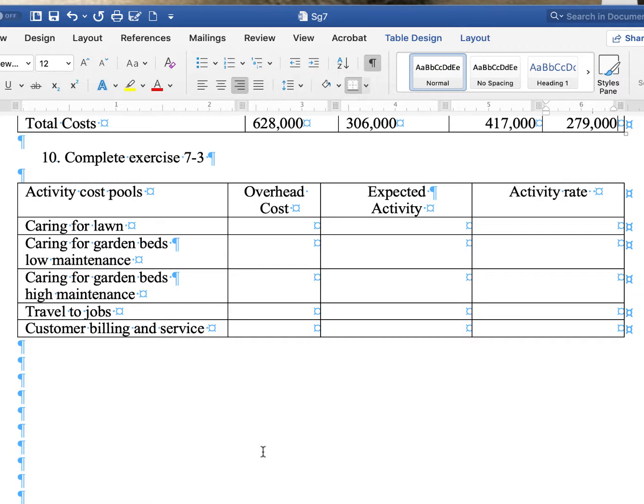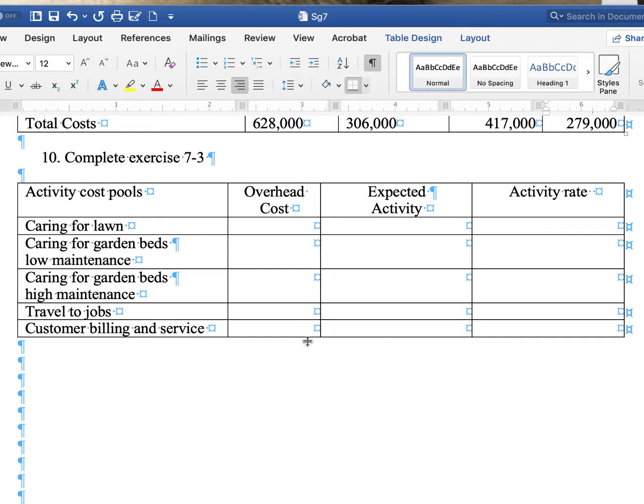The activity measure there is number of customers, okay? So then they give us the estimated overhead costs for lawn care, caring for high maintenance and low maintenance beds, the cost to travel to jobs, and the customer billing and services. They also give us the expected activity. All we have to do is calculate the activity rate.